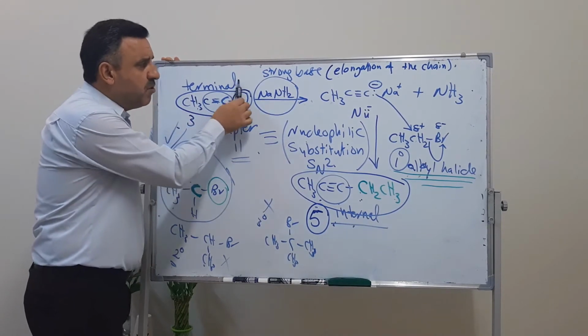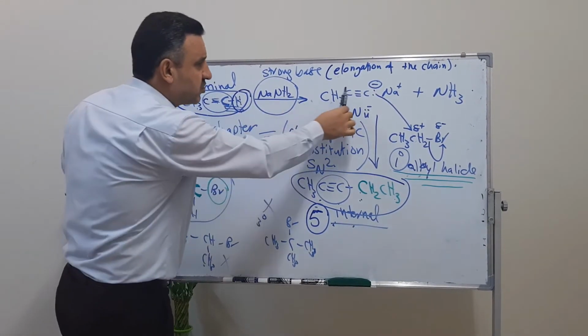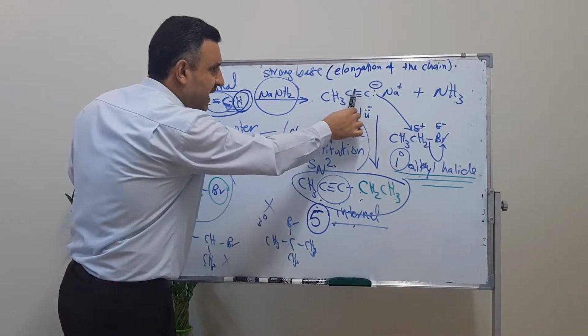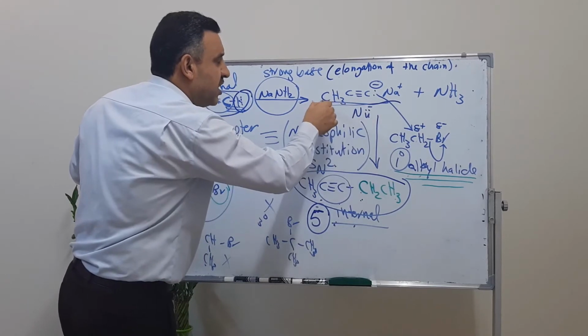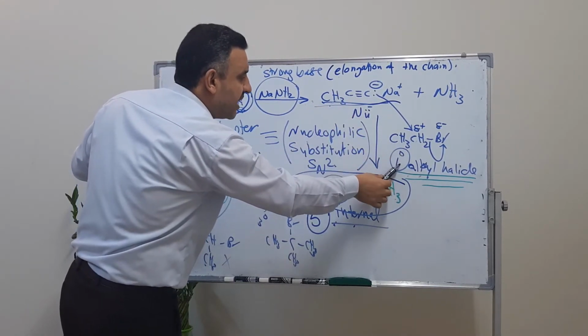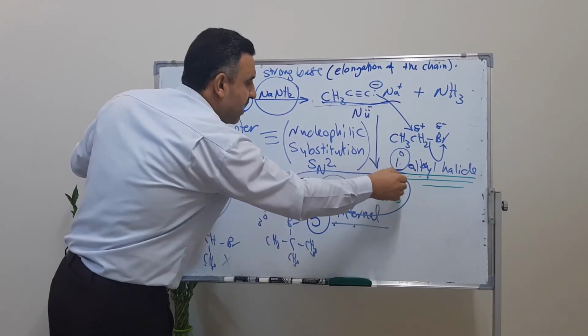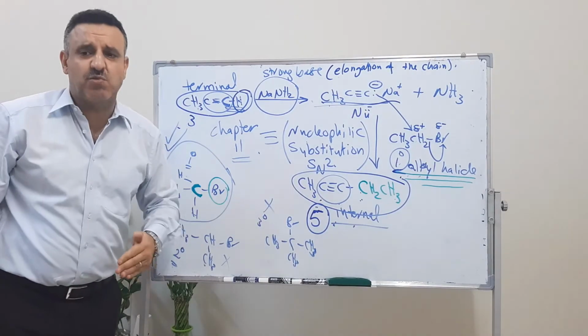First, we remove this hydrogen. We convert the terminal alkyne into its corresponding conjugate base. Once we have the conjugate base, we allow that base to react with a primary alkyl halide. Again, it must be a primary alkyl halide. Any other halide does not work.